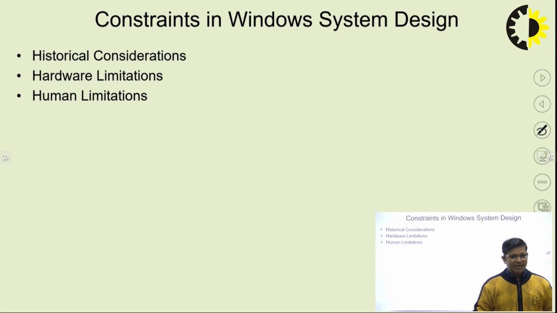This can create some problems, some constraints for the new window design, such as whether we keep all the information in the new design, or keep the old website active as a link on the new website. So this is the historical consideration.